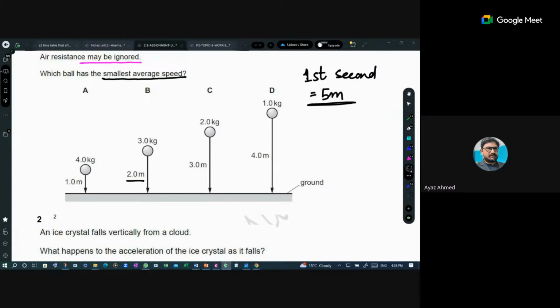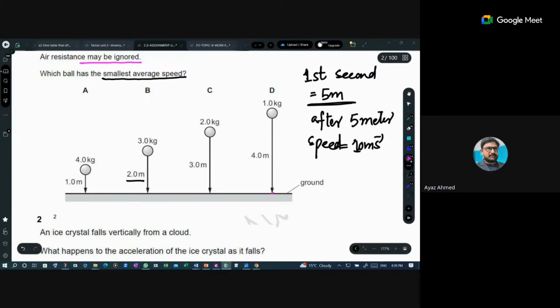But after 5 meters, speed becomes equal to 10 meter per second. So its speed is almost closer to 8 or 9 meters per second, or you can say 10. This is less than that, this is less than that. So the smallest speed is of body A. Is it clear to both of you?